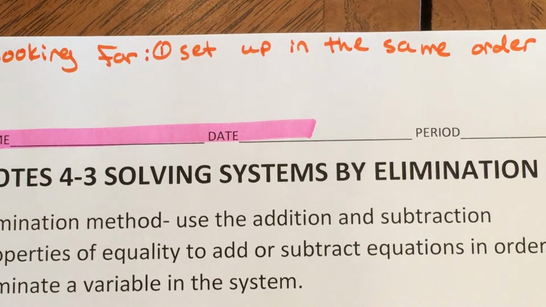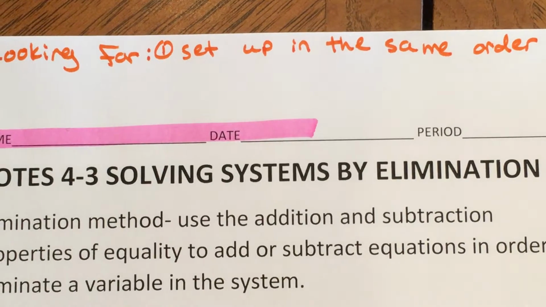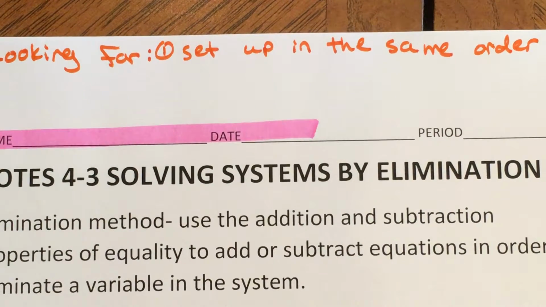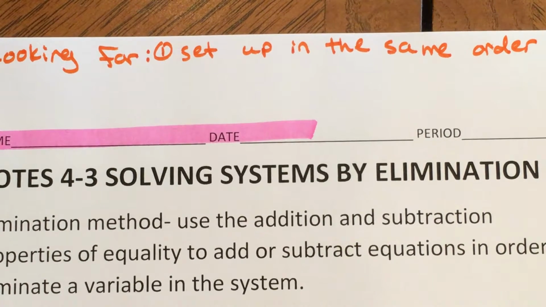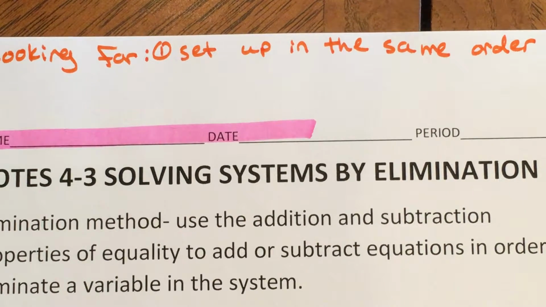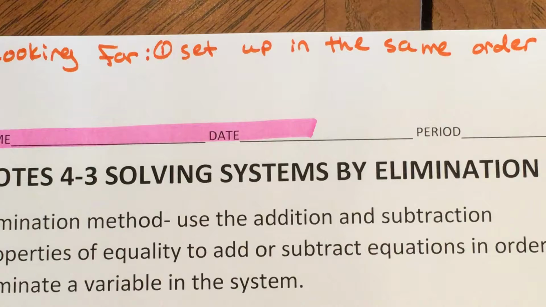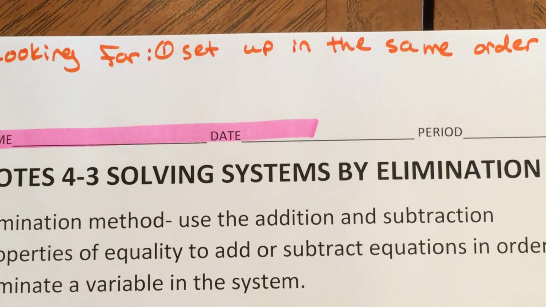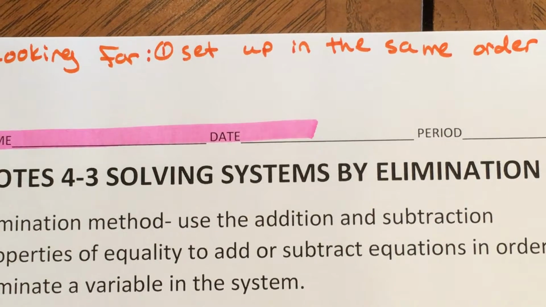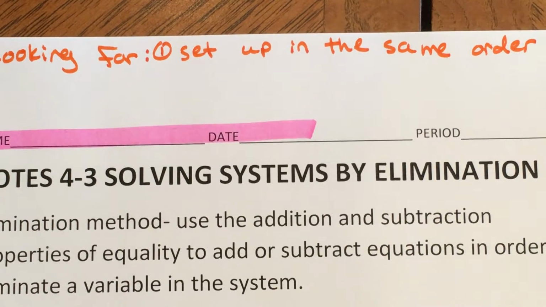And then secondly, when you add straight down, you need one of those variables to cancel itself out. So what do you need to cancel itself out? The same coefficient, one of them's positive, one of them's negative.